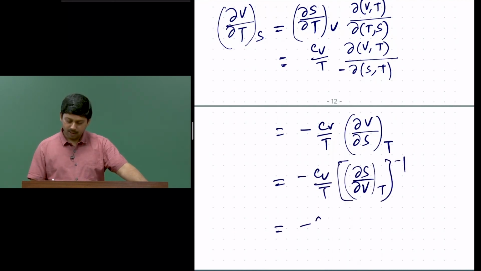Now, we are going to use Maxwell's relation, because whenever this S P T V comes, we should use Maxwell relation. So, del S by del V at a constant T is same as del P by del T at a constant V, inverse of that.